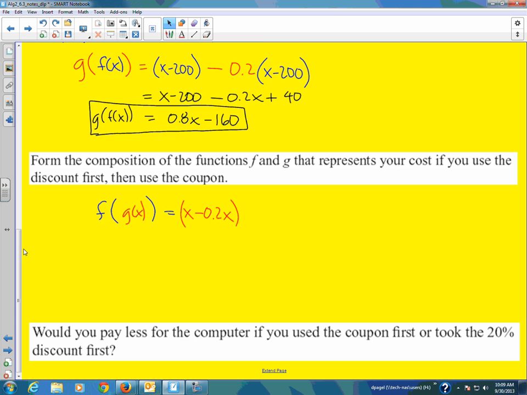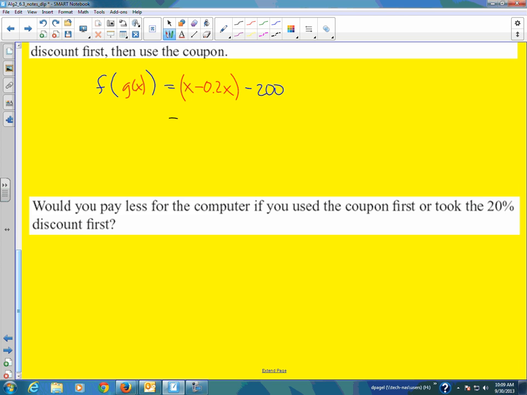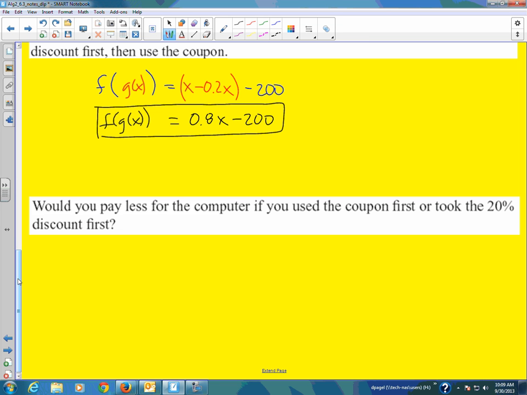And then we take off of that the $200. So we get x minus 0.2x, which is 0.8x, minus 200. And there's your composite if I did the discount first and then took off the money.